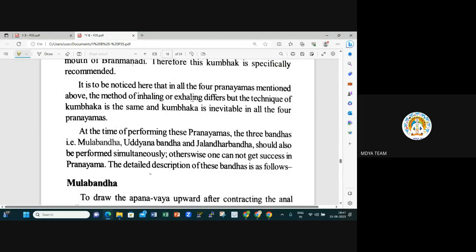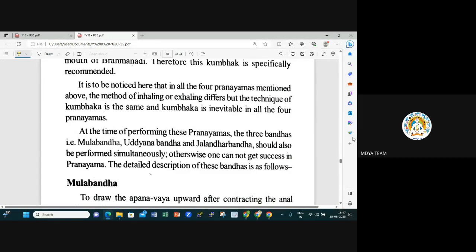Here it is to be noticed that in all the 4 pranayams mentioned above, the method of inhaling and exhaling differs, but the technique of Kumbhak is the same, and the Kumbhak is inevitable in all the 4 pranayam. Okay, it is to be noted that in all the 4 pranayam mentioned here, the method of inhaling and exhaling differs.